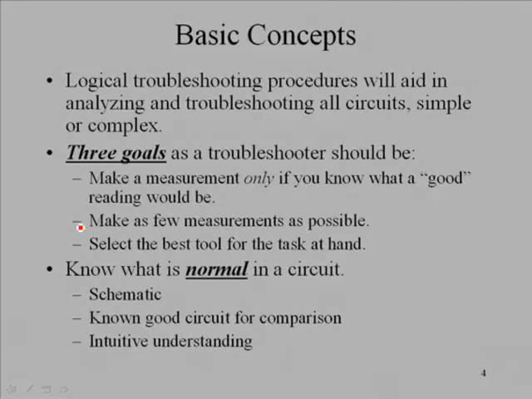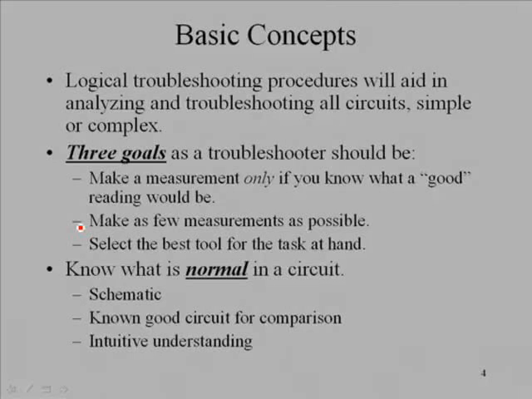Three goals as a troubleshooter should be: Number 1, make a measurement only if you know what a good reading should be. The idea here is that you can make all kinds of measurements, but if you don't know what the correct measurement should be, you're probably just wasting your time. Number 2, make as few measurements as possible, and the idea here is not to waste your time.